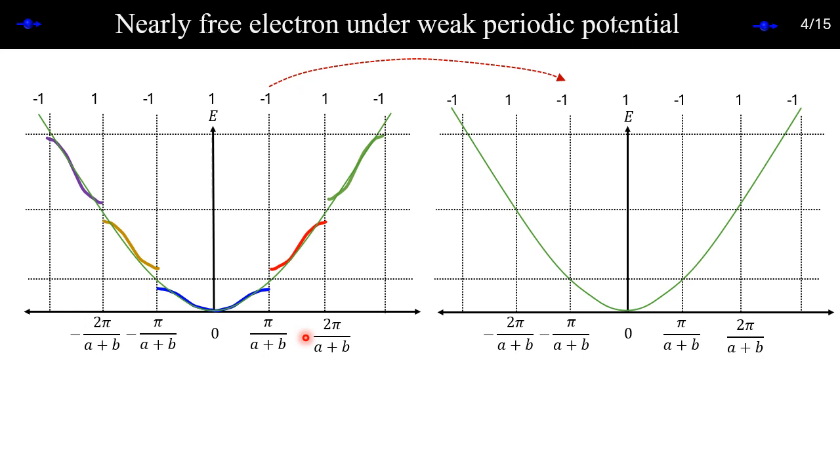Because if you have a periodic discrete signal, when you do the Fourier transform, you get periodic and discrete. So K space is periodic.